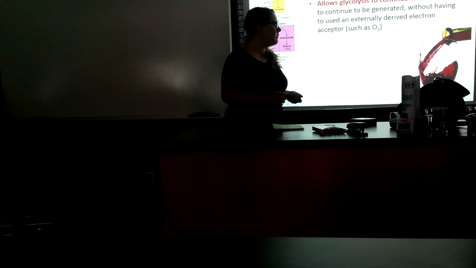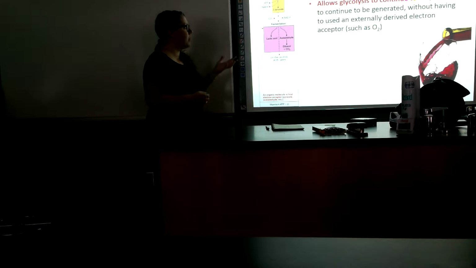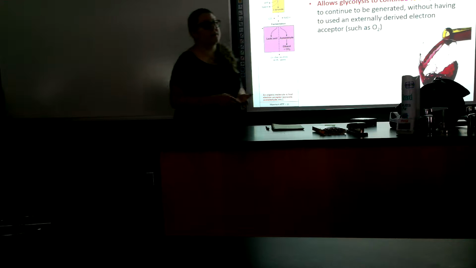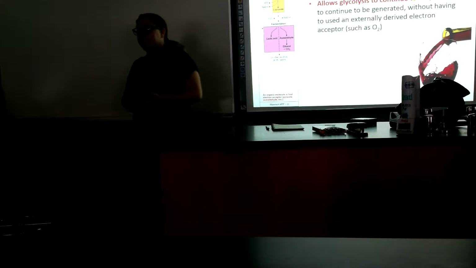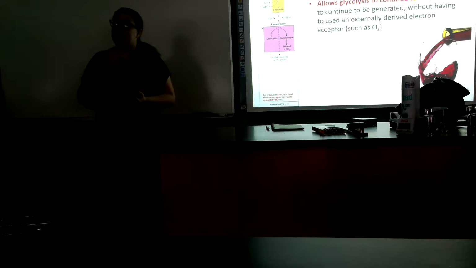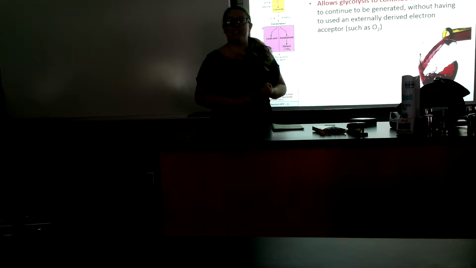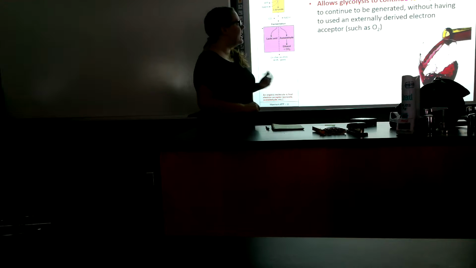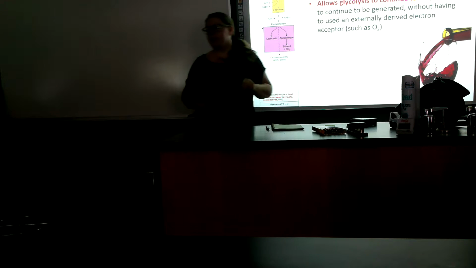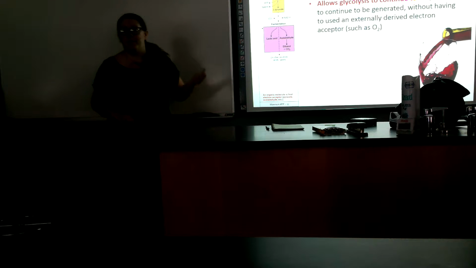So when we look at the metabolic pathway of fermentation and what's happening, you'll see that one of the products of the fermentation pathway is NAD+. What is NAD+? Do you remember? It's an electron carrier. Excellent. And NAD+ is picking up electrons in glycolysis, as well as the Krebs cycle, right?